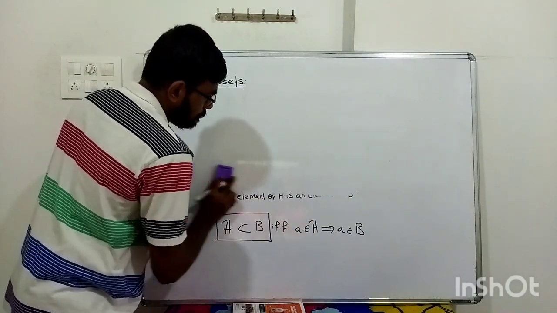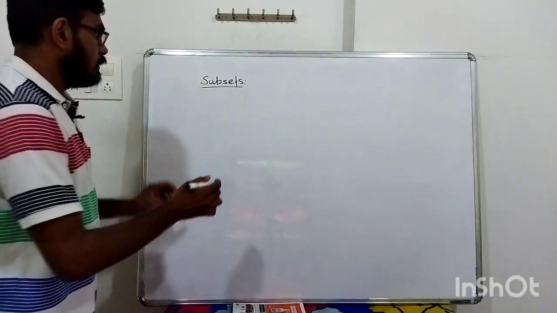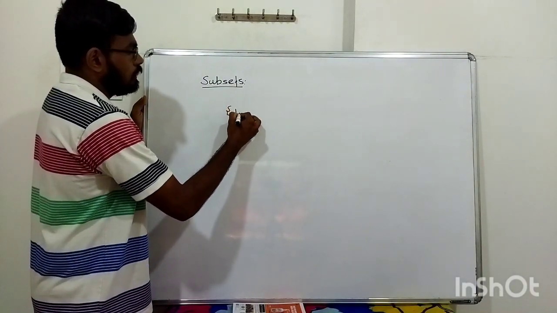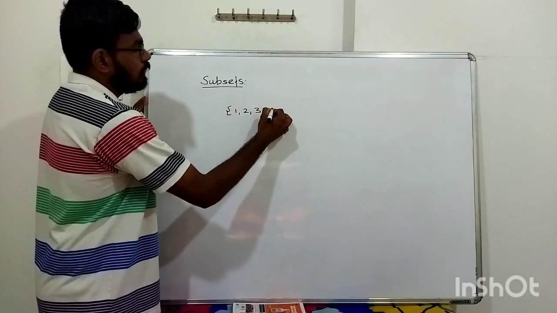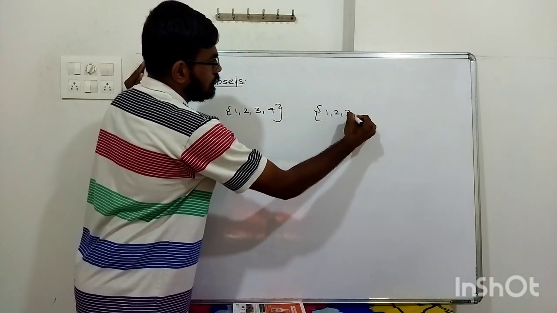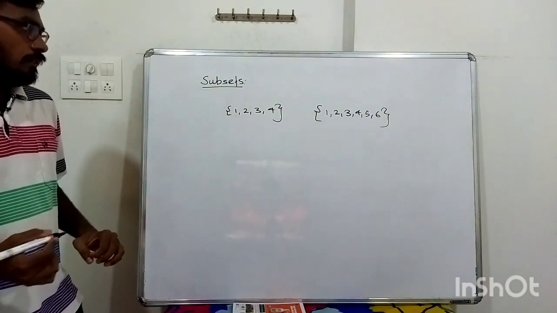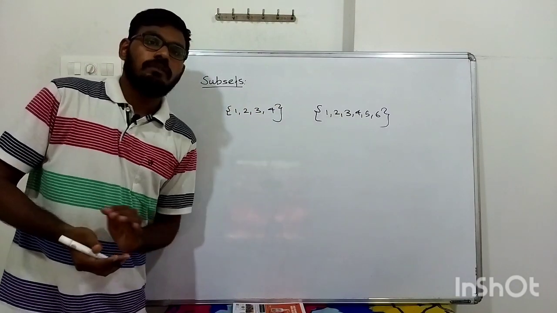For example, you will see examples now. See, {1, 2, 3, 4} and {1, 2, 3, 4, 5, 6}. Now, if you want to check whether this is a subset of this, what to do?